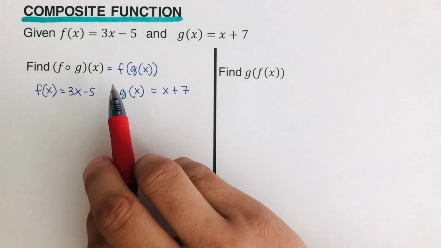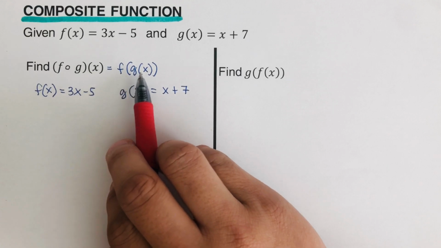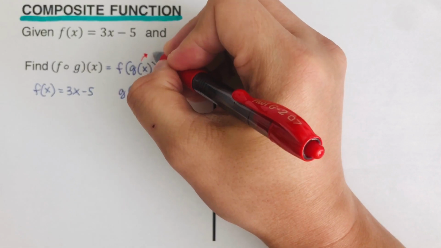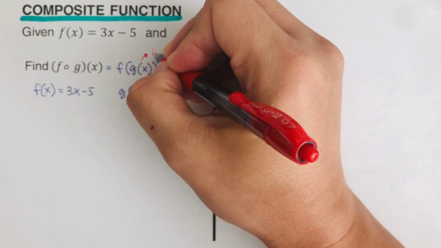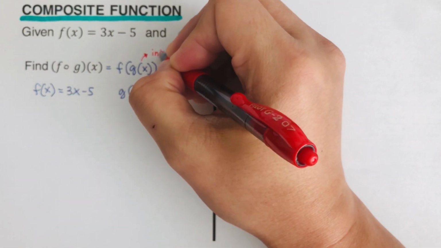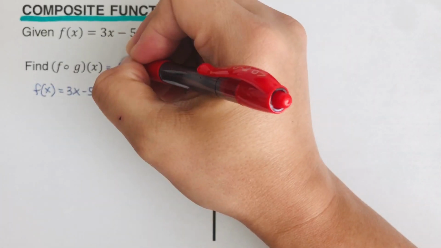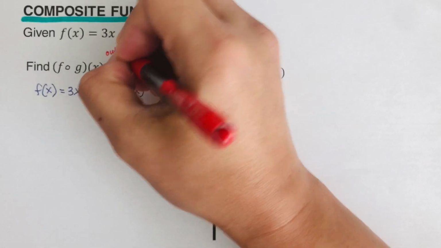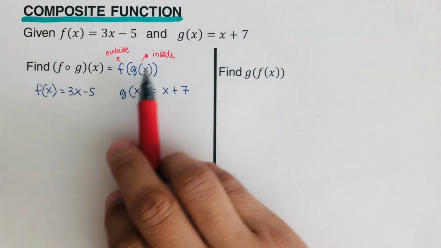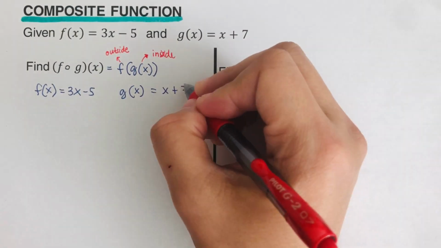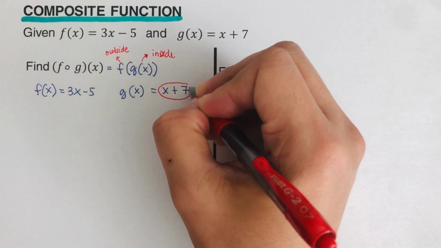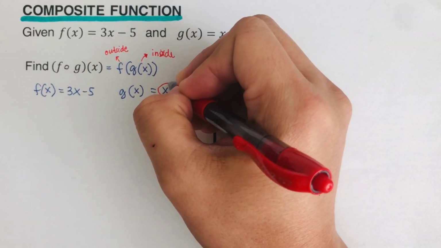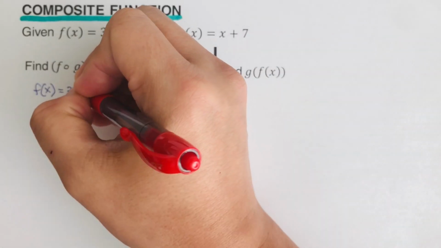If we say f of g of x, g of x is the one that is plugged in, the inside part of the function, and f of x is the outside. So this g of x will be placed inside the f of x.